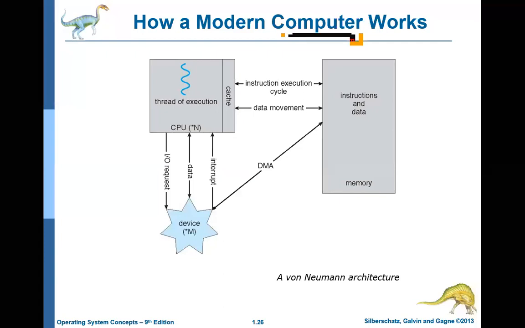So a thread is nothing but a sequence of programmed instructions. A small sequence of programmed instructions is called a thread. If you observe in this diagram, there is memory, and these are all devices, whatever the device may be.